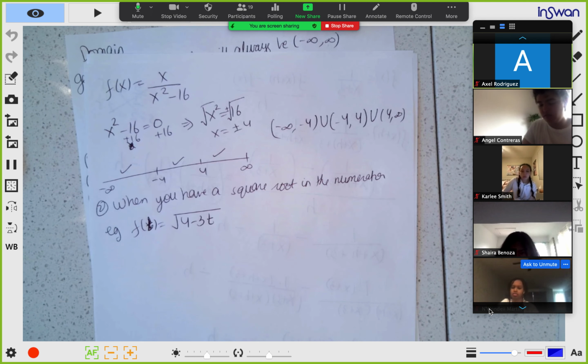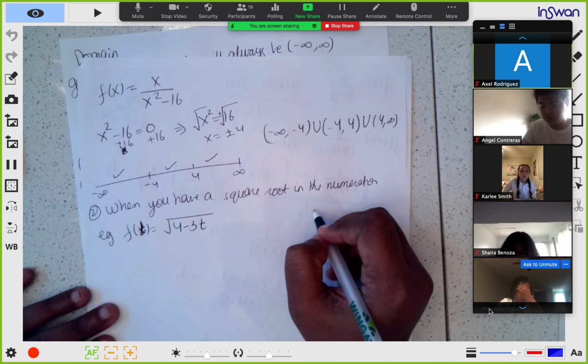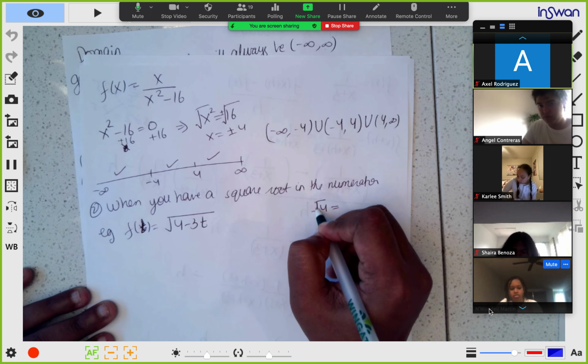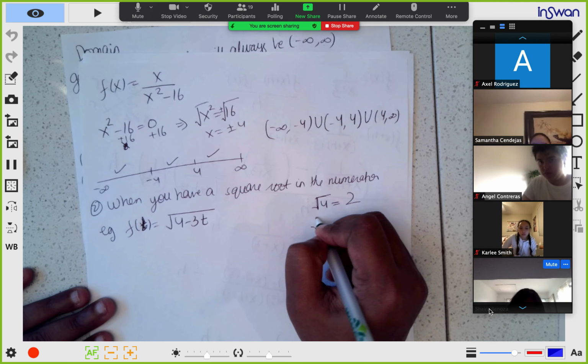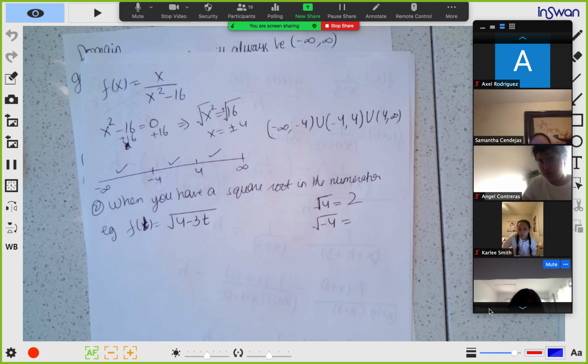Okay, can anyone tell me what's the square root of 4? 2. What's the square root of negative 4? Negative 2? No. The square root of negative numbers is not defined.